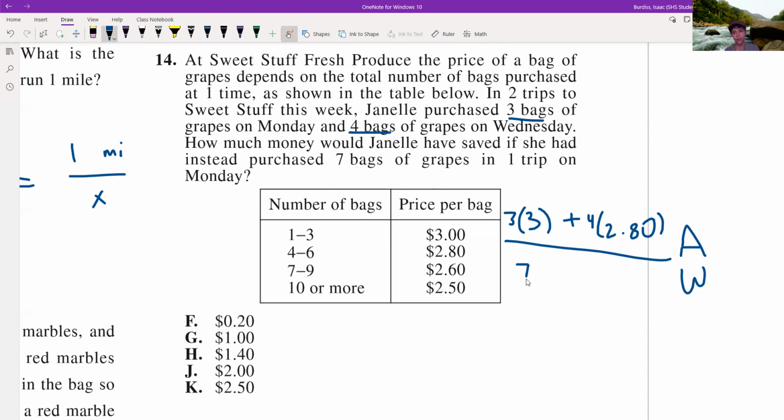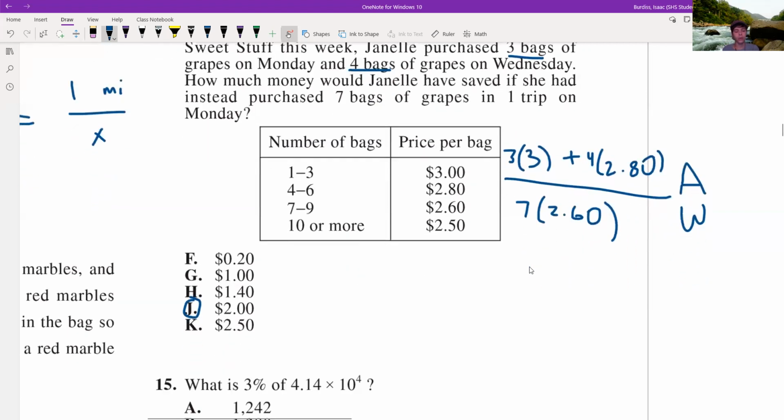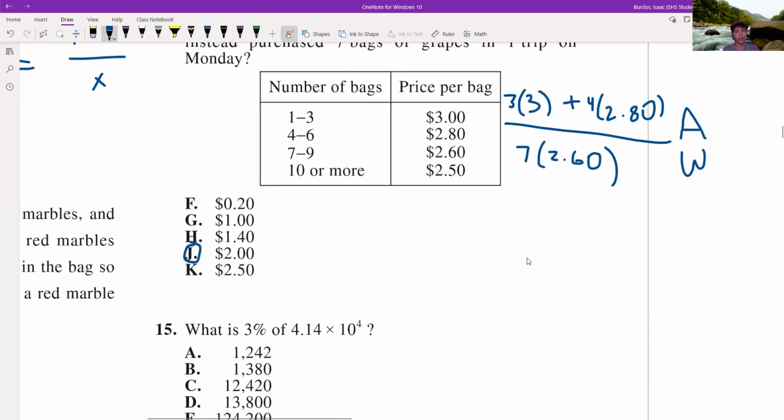Okay, and then 7 is what she could have done if she did it all at once, and that's times 2.60. So you do A, which is more cost than what she would have done. So this, where the A is, minus the W, would give you $2. So when you plug that into the calculator, that's what she actually had to pay. That's what she would have had to pay if she did 7 at once, and then you subtract the difference to get that answer.